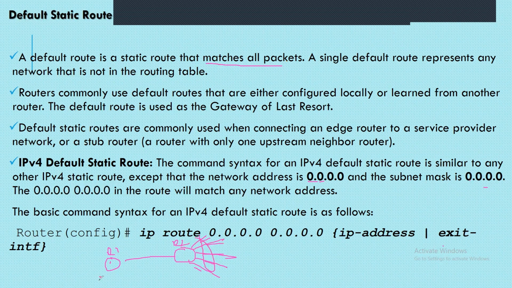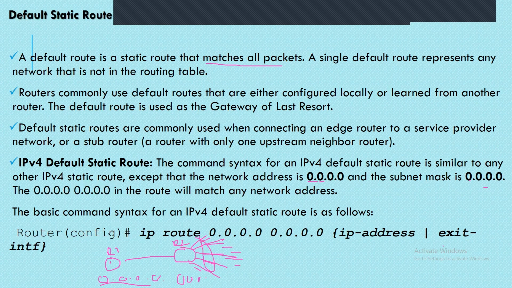That's why we are using 0.0.0.0. It means any network with any subnet is covered here. That's the concept. Instead of configuring a destination to each network, we configure one route and cover all the routes.